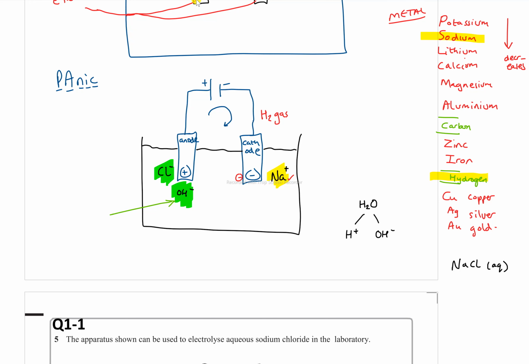So really what we should be doing is splitting this hydroxide ion up. But because there's that many more chloride ions compared to hydroxide ions, what happens is the chloride ion drops off an electron, becomes a chlorine atom. Another one does the same thing, and they pair up and they float off as a gas. So you end up with the chlorine gas floating off. Let me just write gas instead.